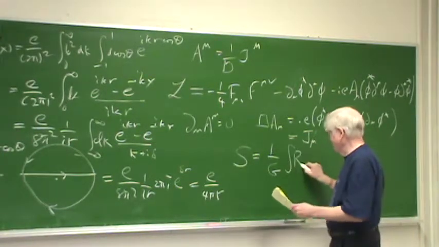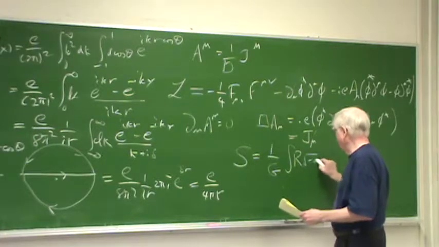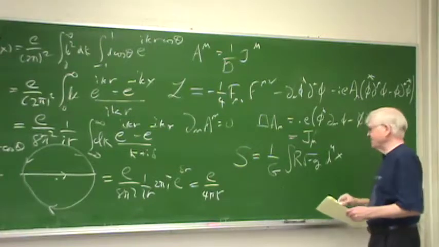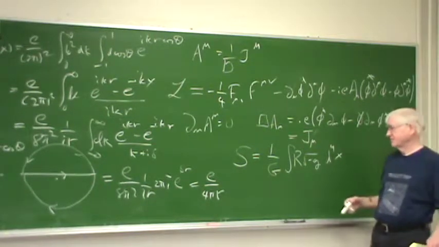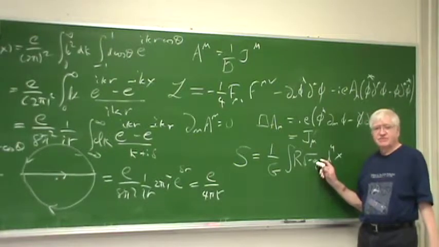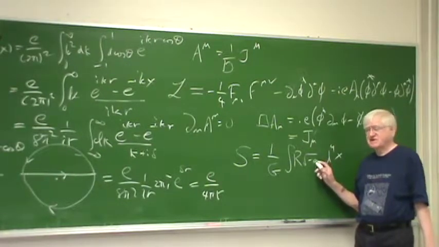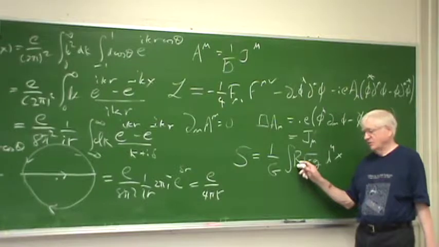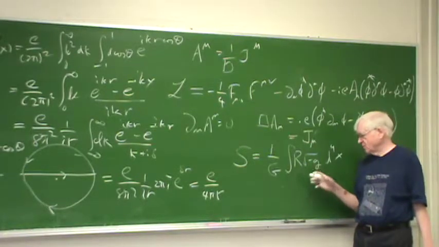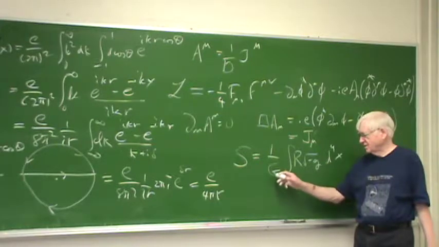So this is R square root minus G d fourth x. So that's basically gravity by itself. G is the determinant of the space-time metric, and R is the scalar invariant that's quadratic in derivatives of this.